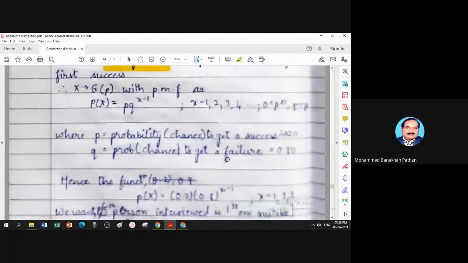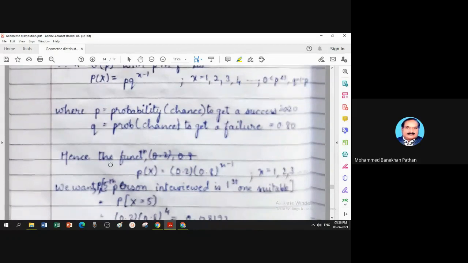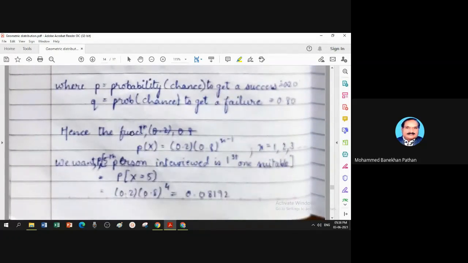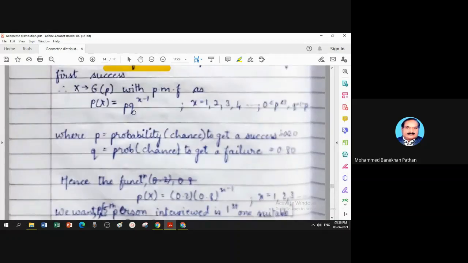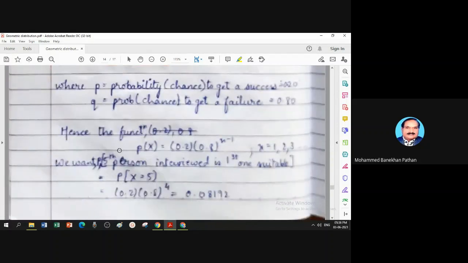So the chance of getting a suitable candidate is 0.20. Q is the opposite, not suitable. That is a failure, and that is 1 minus P, 0.80. Hence, the function under study is P of x equal to 0.2 multiplied by 0.8 raised to x minus 1. P is replaced by 0.2, Q is replaced by 0.8. This is the function according to your question.